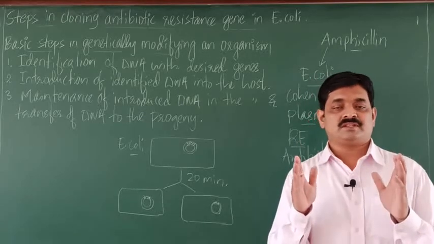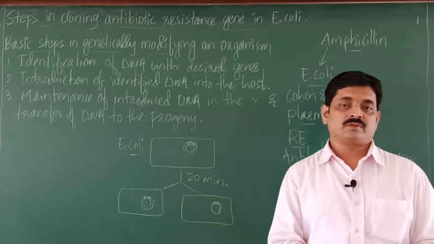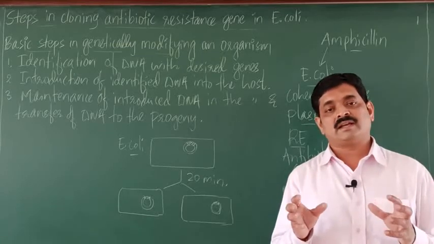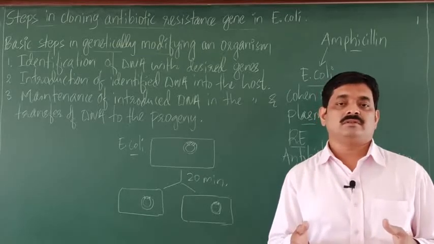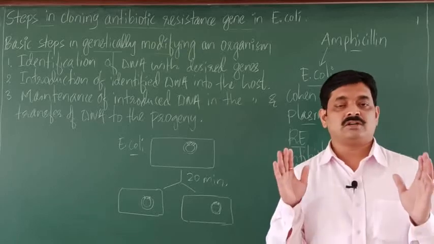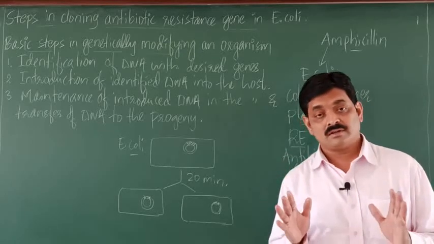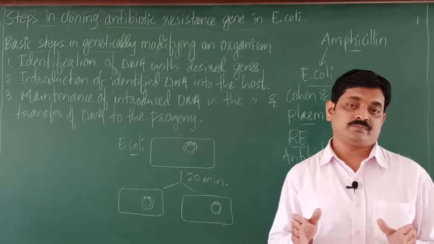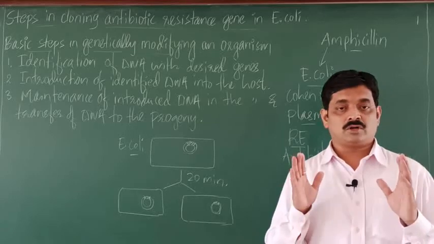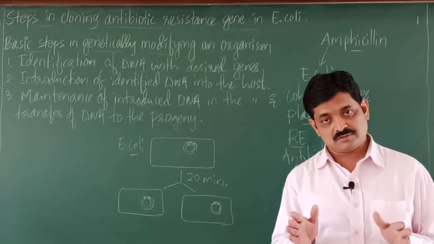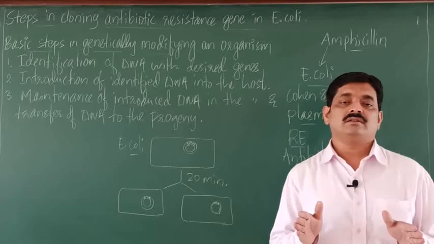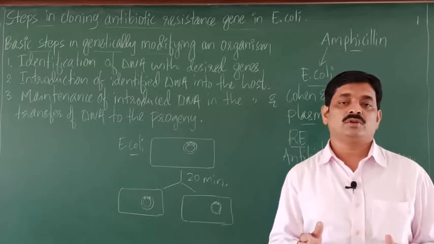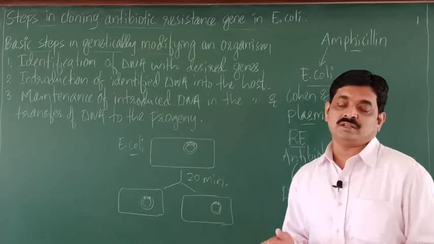When this gene is present in an organism, that organism gets resistance to antibiotics, means that organism cannot be killed by antibiotics. Because of this function, this gene is called antibiotic resistance gene.